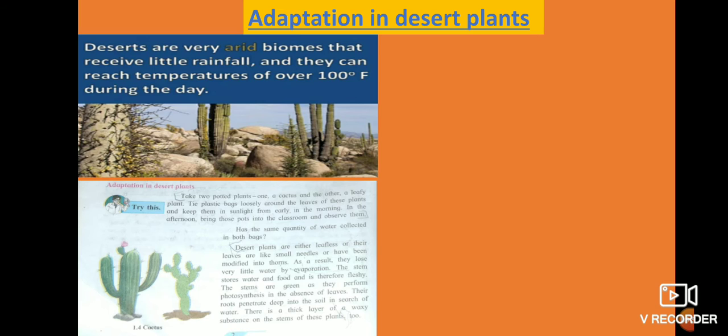The stems are green as they perform photosynthesis in the absence of leaves. Their roots penetrate deep into the soil in search of water. There is a thick layer of waxy substance on the stems of the plant.